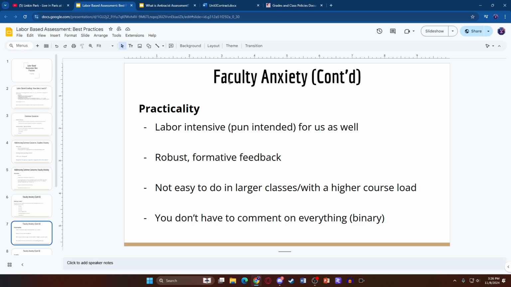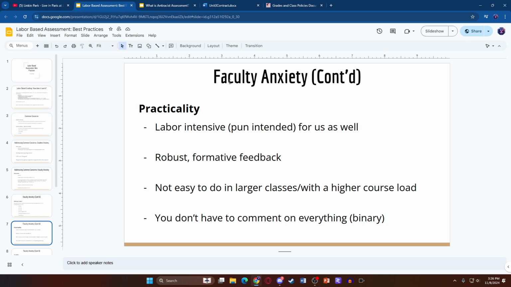So it takes a lot of effort, right, to provide thoughtful praise, foregrounding, encouraging feedback. So it's not always easy to do when you're teaching 3, 4, 5 sections of comp, and have a larger student body in your class, right? And so something that you can use to alleviate some of that pressure is the fact that you don't have to comment on everything.